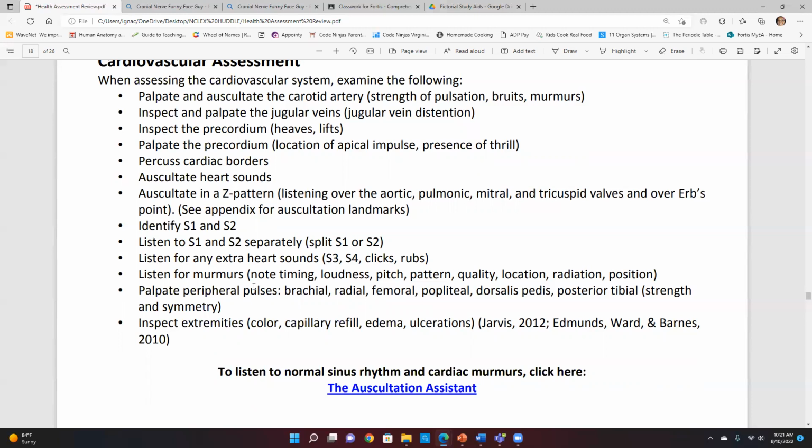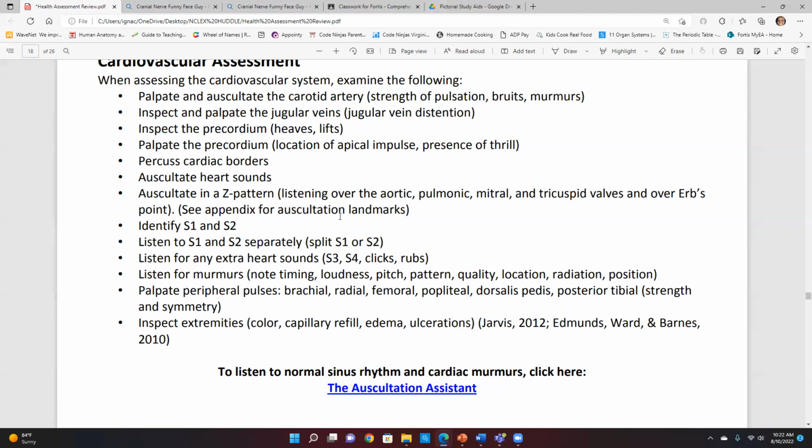It's not necessarily a pathological sound, but the S4 is always a pathological sound. Okay, but the S1 and the S2 are normal heart sounds. Okay, so I want you to listen for murmurs, and of course, you're not going to know this just by doing it one time. This is going to take practice, practice, practice, practice.